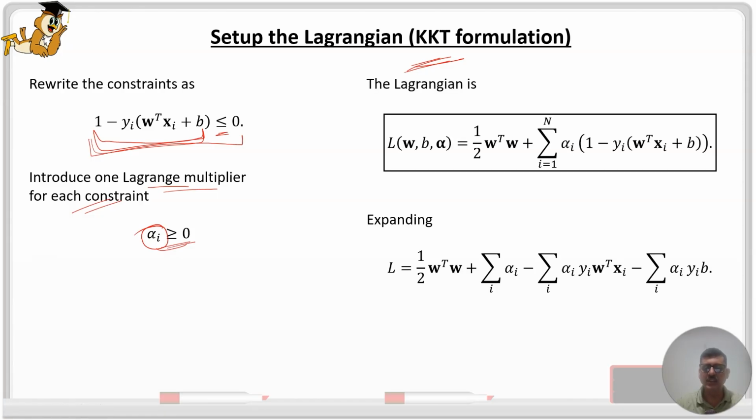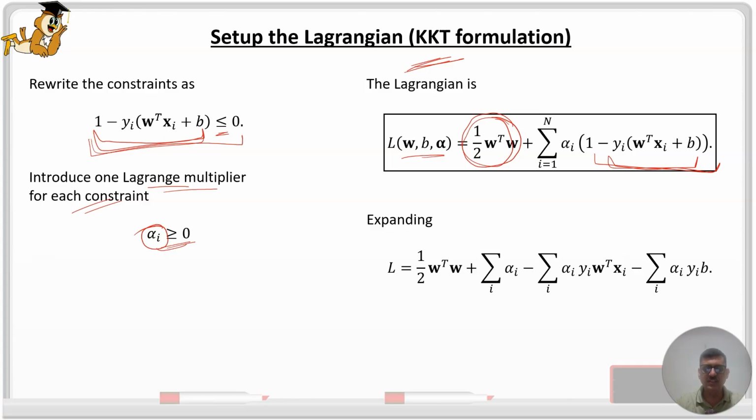Okay, the Lagrangian therefore becomes, this is the term that we wanted to minimize. So the Lagrangian is this plus summation i equal to 1 to n alpha i times the constraint, right? We are familiar with this. This is how we set up the Lagrangian.